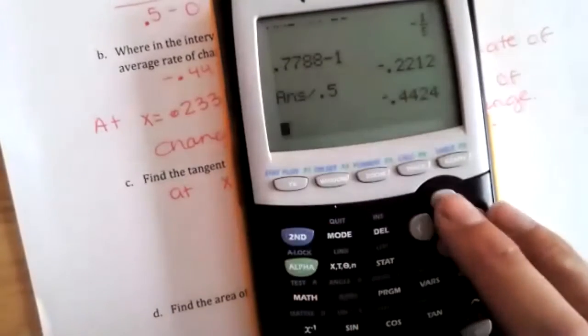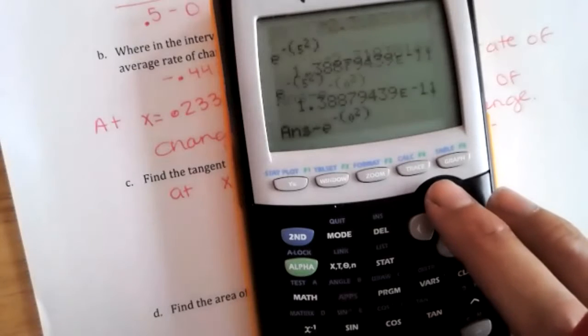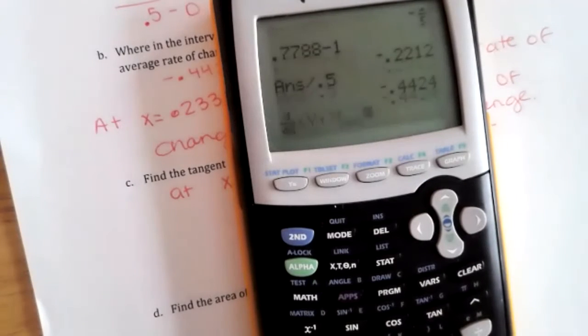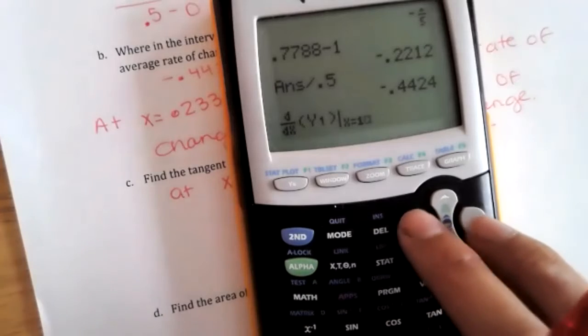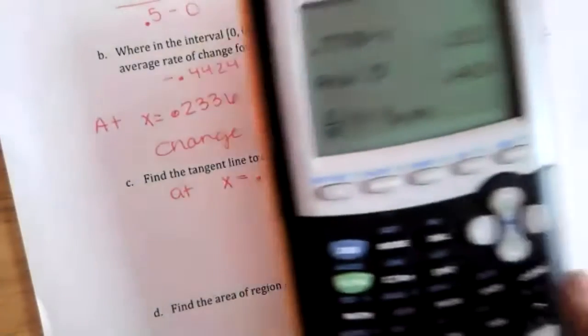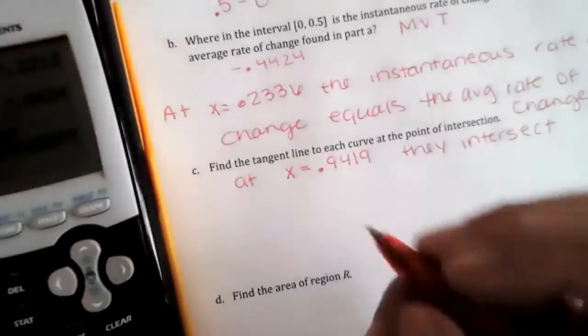So I'm going to go second quit. I'm actually going to arrow back up because I already typed in my derivative for y1. So I'm going to click this and just type 0.9419 on top. That's going to give me the slope of the tangent line for the first graph.